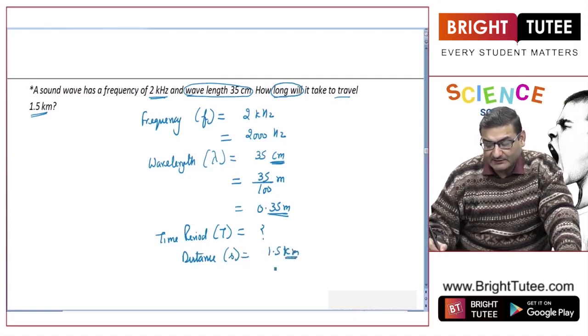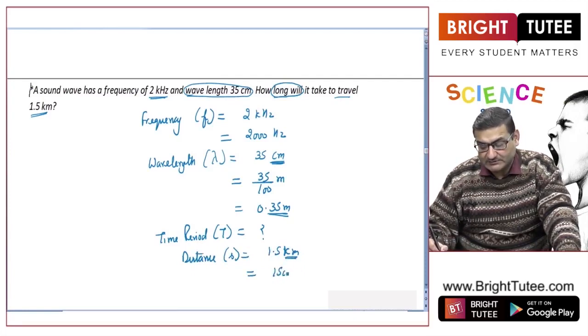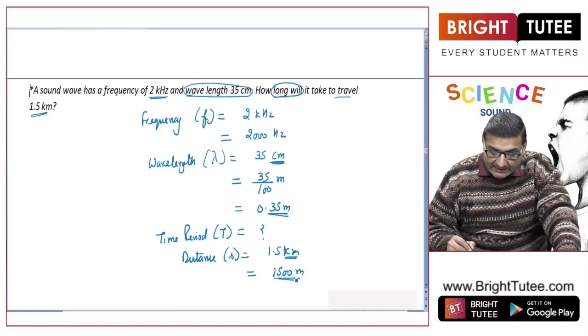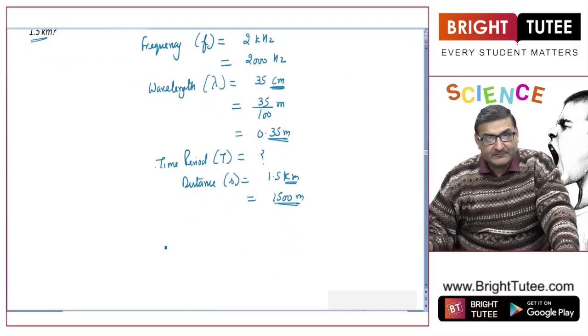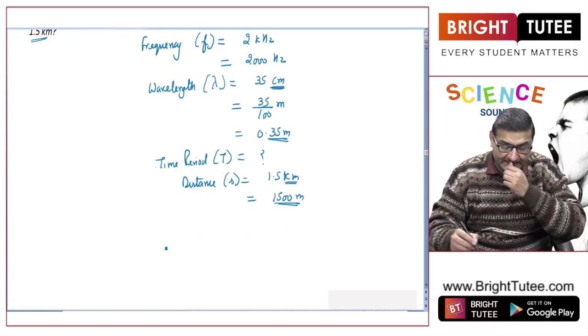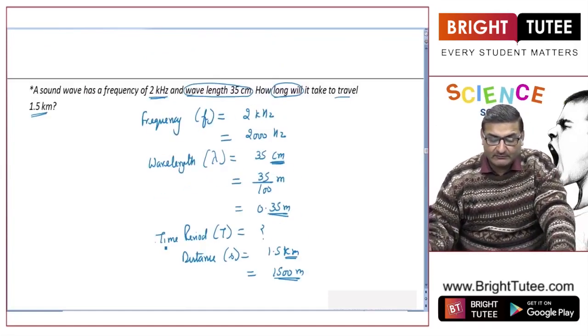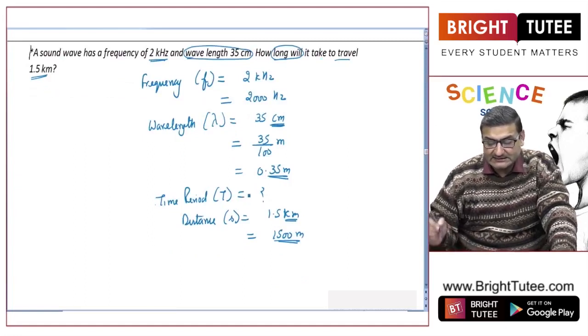Again it is given in kilometers, so I need to convert it into meters by multiplying it with 1000. So I will get 1500 meters. Clear? Now I need to calculate the time taken. How long will it take? So now I am given frequency, I am given the wavelength, and I need to calculate how long it will take to travel this much distance.